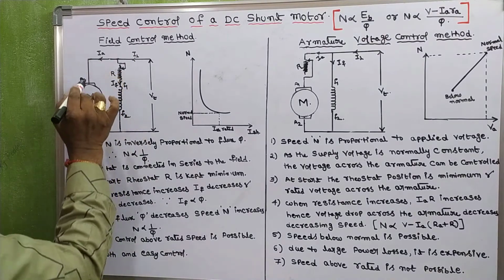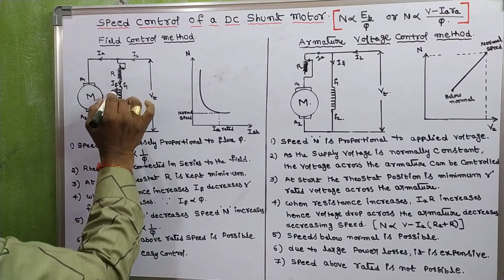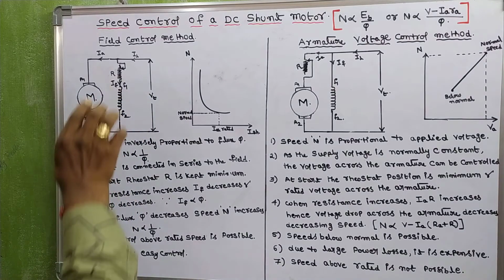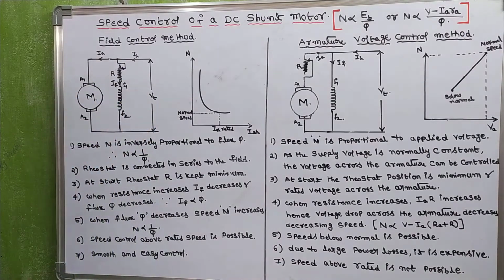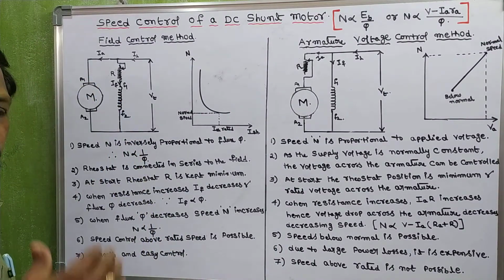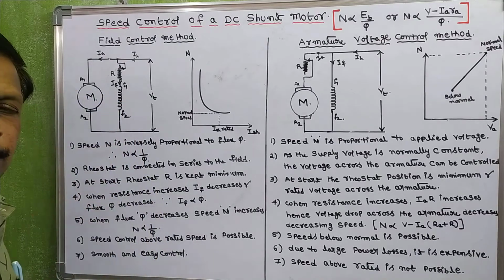So armature current flows through the armature and field current flows through the field. In this field control method, we are going to control the flux, or we are going to control the field.